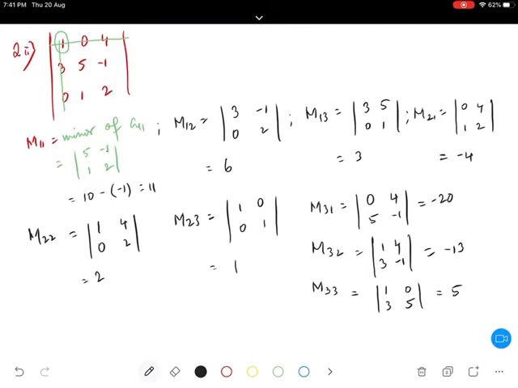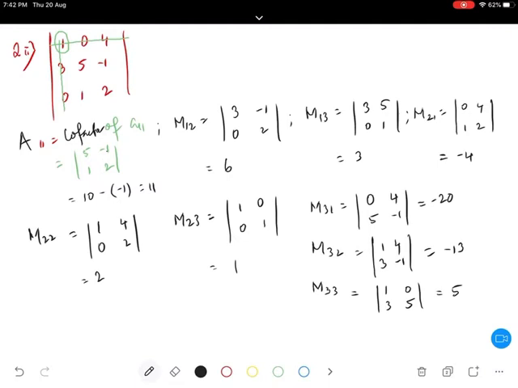Now we have to find the cofactors. I will just find the cofactors in here only. We don't want to remove this. So tell me, what will be A11? Cofactor of A11 will be 11 only, same thing.